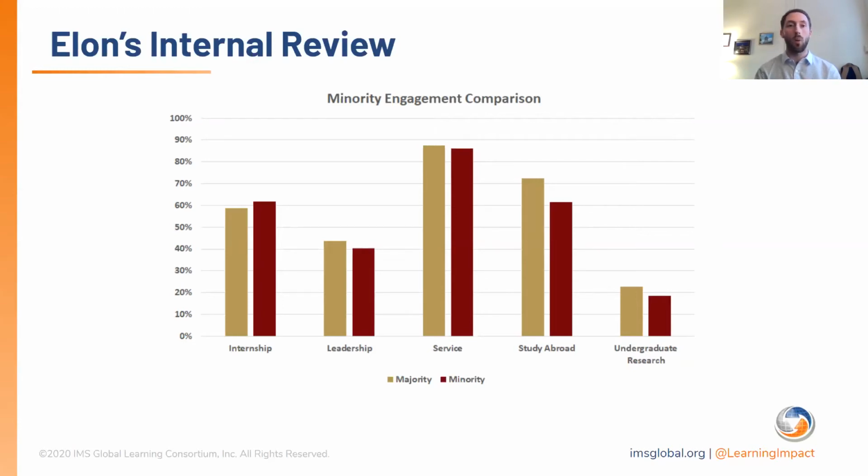And so we can really ask questions about why that is occurring. Is it occurring because of the major and the programs that they're participating in, or are there underlying problems of a student's lifestyle, that they are a full-time worker, and so they don't have the opportunity to go off on a study abroad experience and leave their families for an extended period of time?